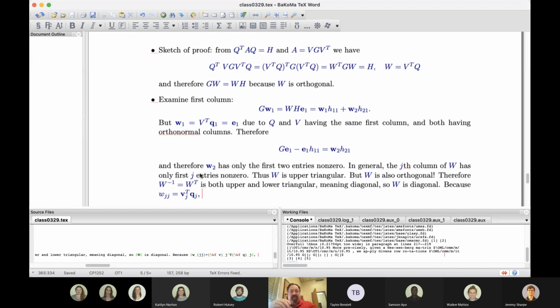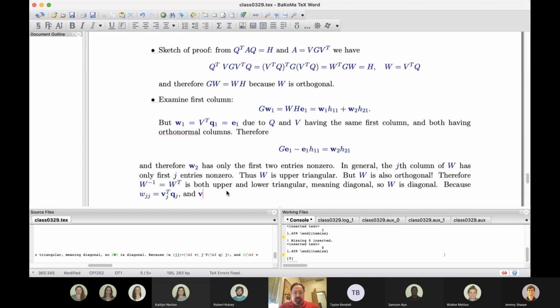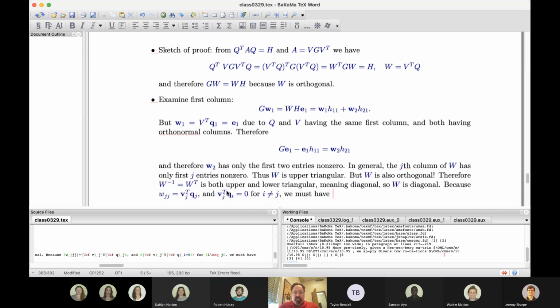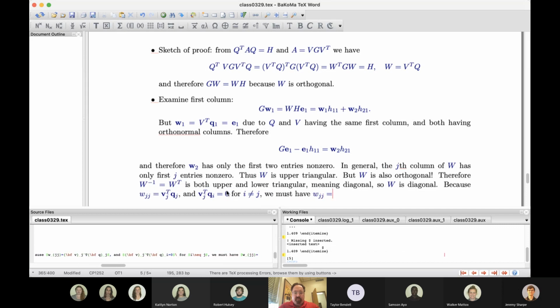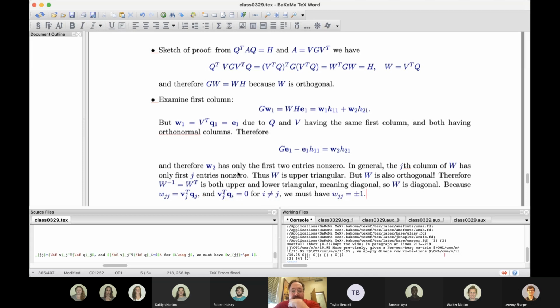And because each column of V, by virtue of W being diagonal, has to be orthogonal to all other columns of Q, and vice versa, then these vectors must be parallel.